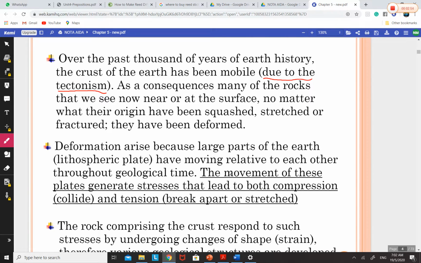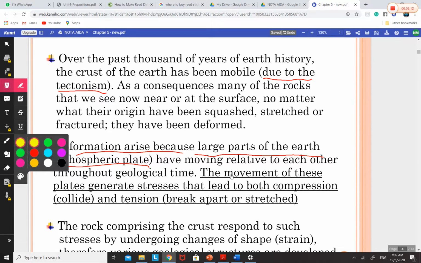So the deformations arise due to the movement of the large lithospheric plates, and the movement will generate stresses, whether they compress, collide with each other, or tension, break apart or stretch.